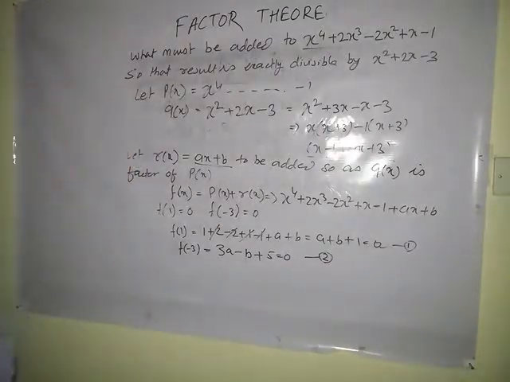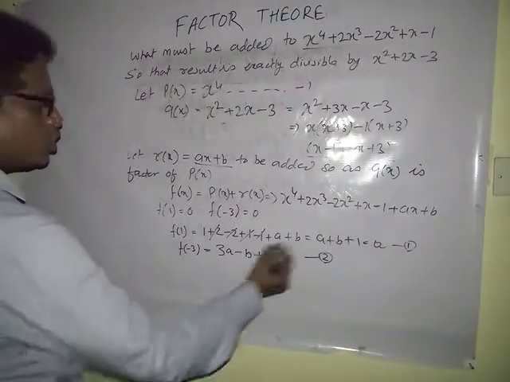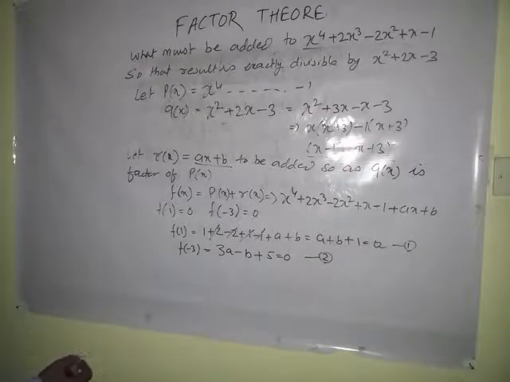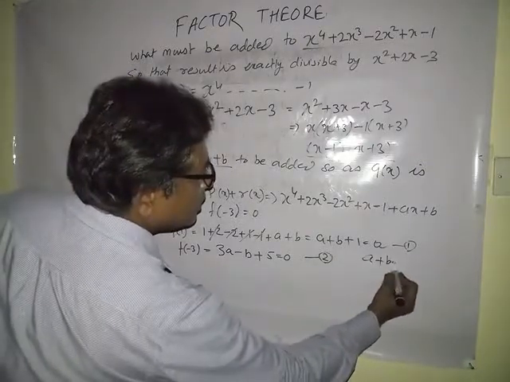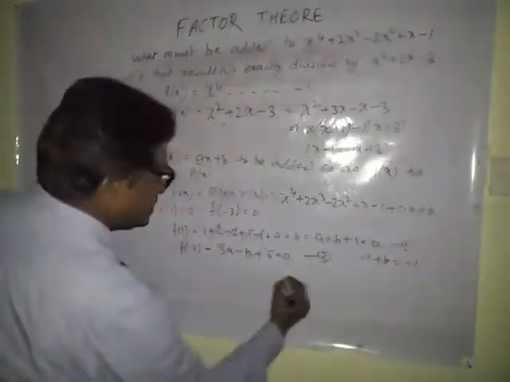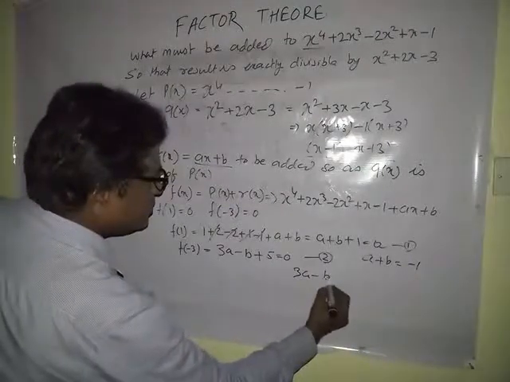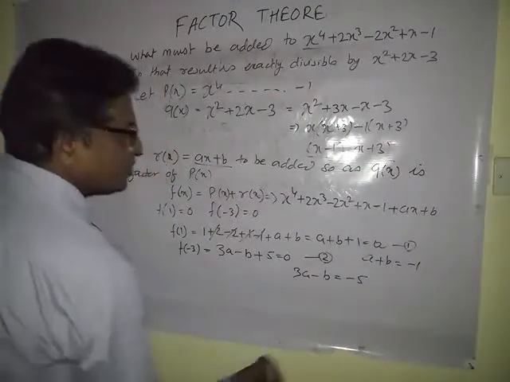That is equation number 2. So you are having one, a plus b equal to minus 1, and second, 3a minus b equal to minus 5.